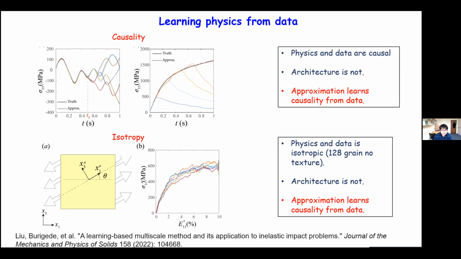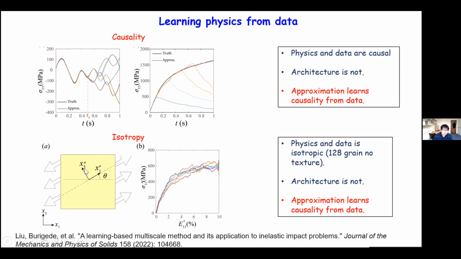And similarly, what we have also found is that we can discover isotropy from data. Again, we don't impose this. So here we're training a neural network with data generated from a random texture at the microscale, meaning that we don't have a preferred texture of polycrystals. And we would expect that the macroscopic response of this material would be isotropic.